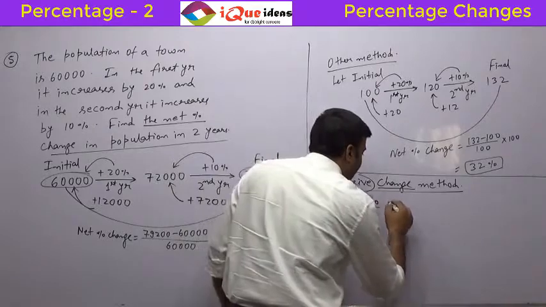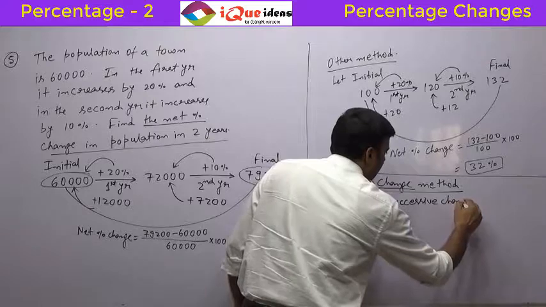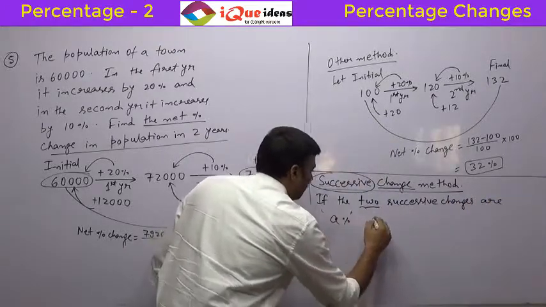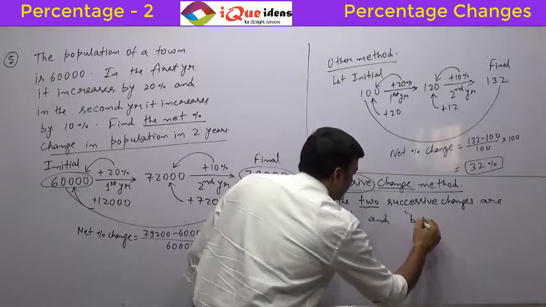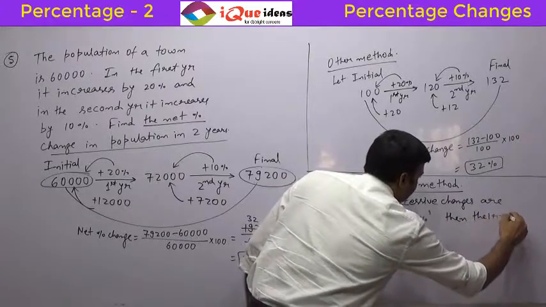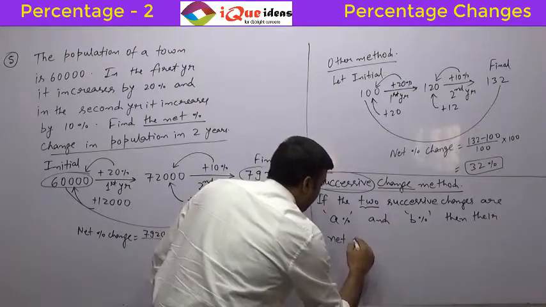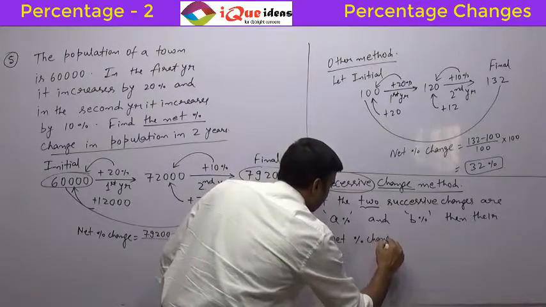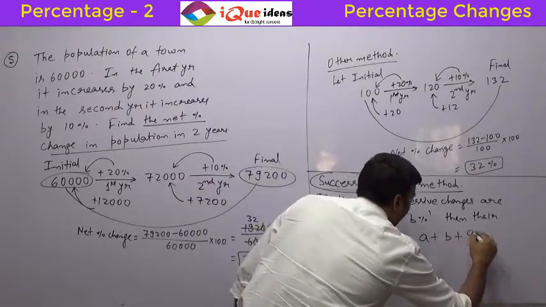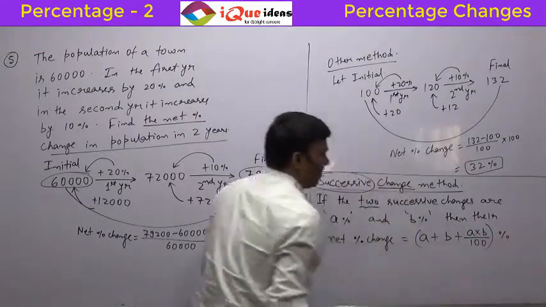So if the two successive changes given in terms of percentages are A% and B%, then their net percentage change is straight away given by A plus B plus A into B by 100, this much percentage, right?